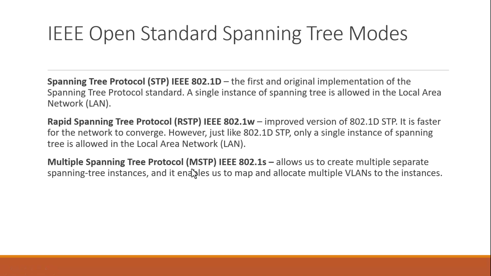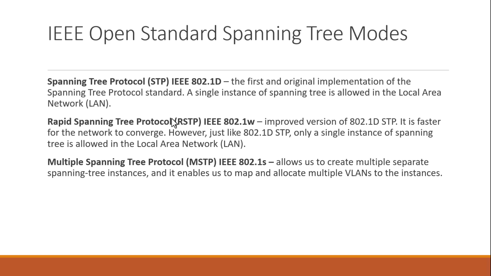They have their own advantages and disadvantages, but these two protocols, STP and RSTP, use only one instance of a spanning tree, and we can use them inside the network.